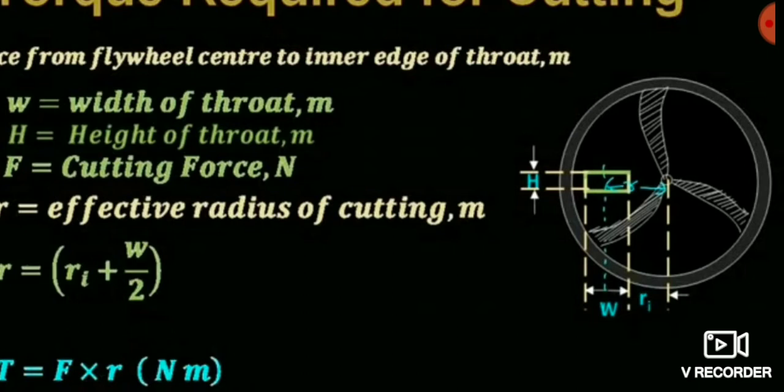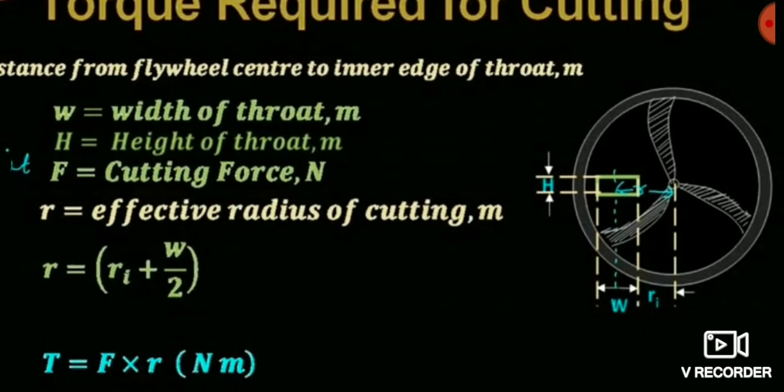Here you can see that the throat has two ends. Throat is in rectangular shape. Here you can see the yellow rectangular shape which has the width of W and the height of H. So this is our throat, and the distance between the rightmost point and the center is Ri, and W is the total width of throat.